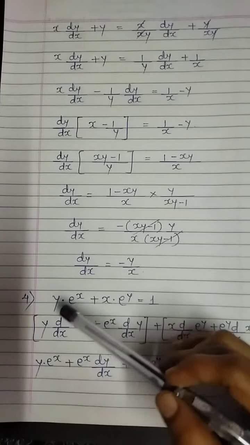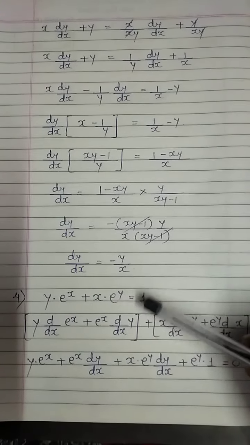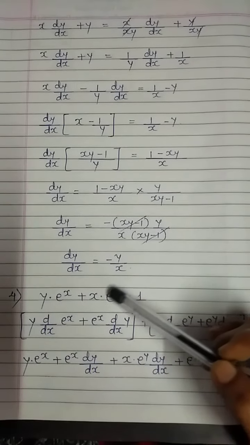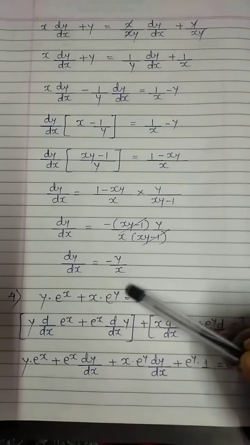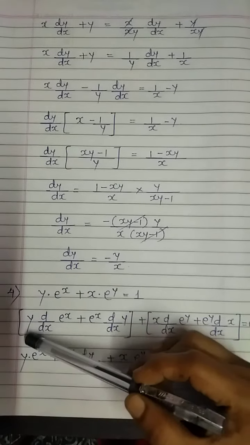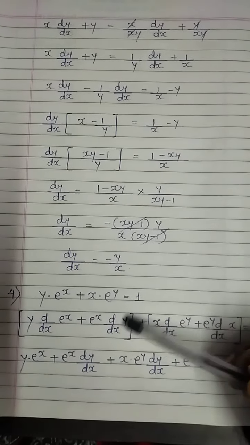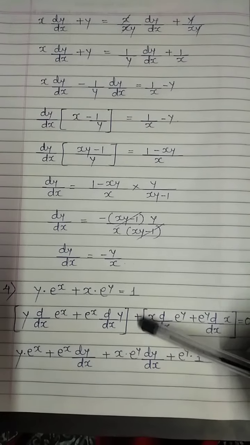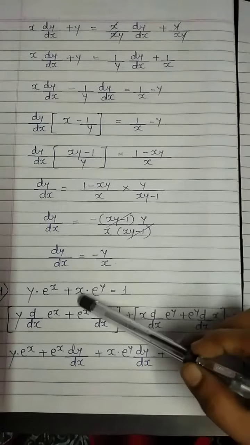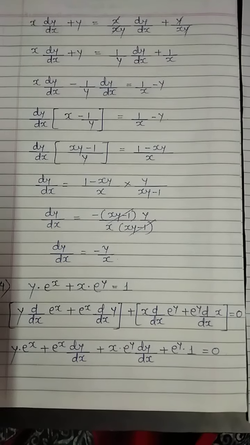Now the next question, y into e raised to x plus x into e raised to y is equal to 1. Now at both the places we are going to apply the u into v rule. So differentiating with respect to x, here we will get y into derivative of e raised to x plus e raised to x into derivative of y plus x into derivative of e raised to y plus e raised to y into derivative of x is equal to derivative of 1, which is 0.